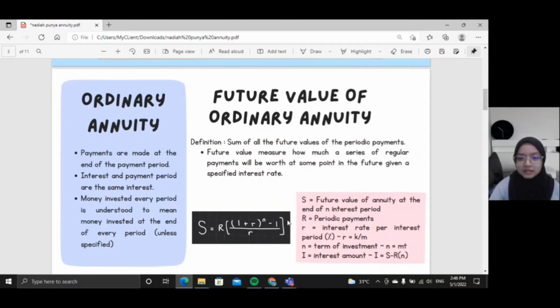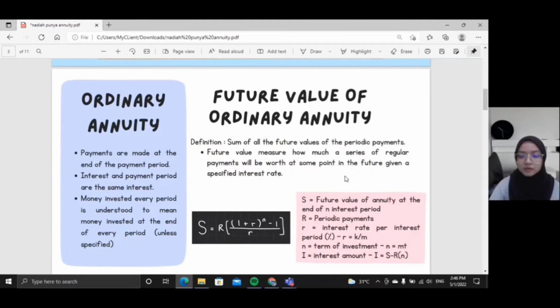And then n is the term of investment, found by m times t. And then the I here, in the question, some questions will ask how much the amount of interest is. How to find I is S minus R times n.